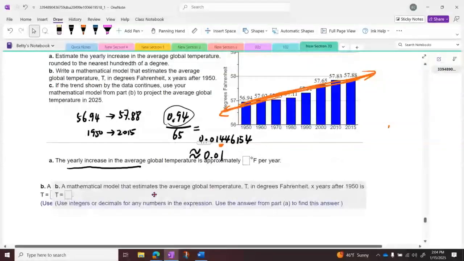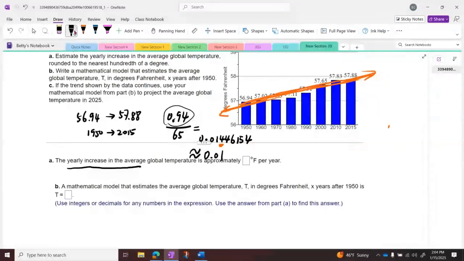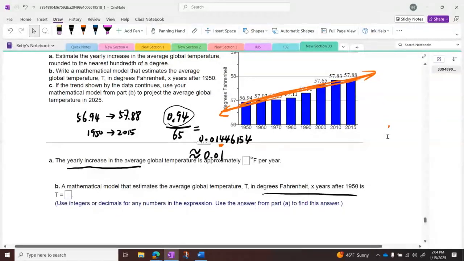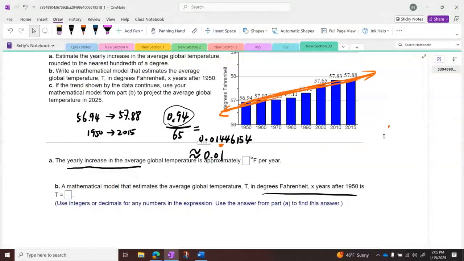A mathematical model that estimates the average global temperature T in degrees Fahrenheit, where x is the years after 1950. Doesn't that sound familiar? x is the years after 1950. So we need to find the equation of the line I have in the graph, right?